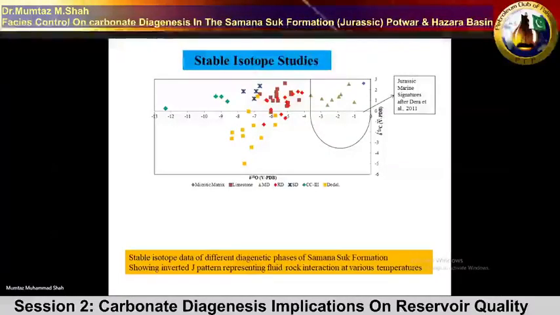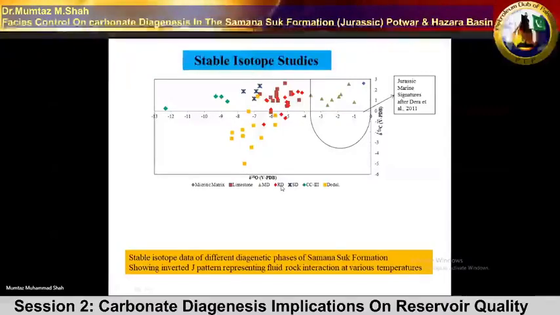Isotope data is very crucial in terms of better understanding the nature of these dolomite bodies. The matrix dolomite is well within the range of the Jurassic marine signatures, but the rest of the dolomite phases, even the limestone, have been affected by fluids.